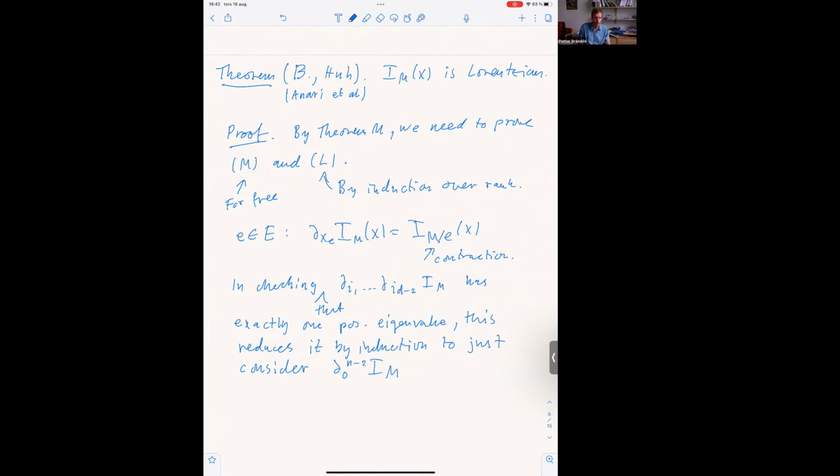So we are left to check if the Hessian of this guy has at most one positive eigenvalue.